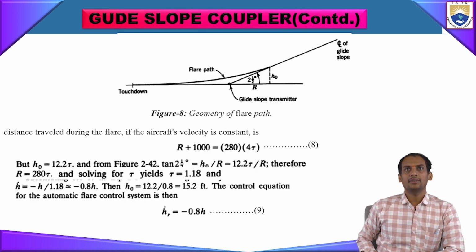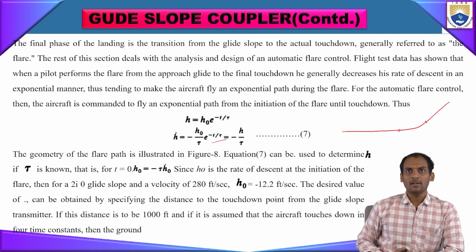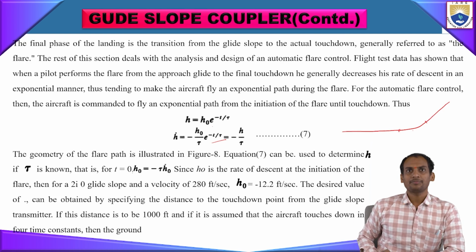Here you see the transition state we just discussed. From this transition state, the flight path is designed as if tau is known. So what is tau here? Tau is known.